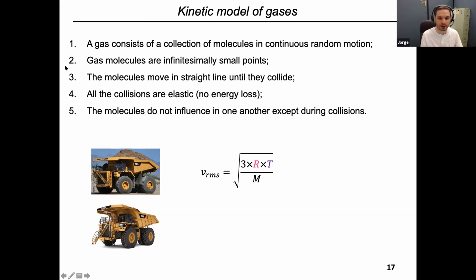Assumption number two is that the gas molecules are infinitesimally small points. Remember that for the ideal gas, the molecules are considered so small that they don't have their own volume.